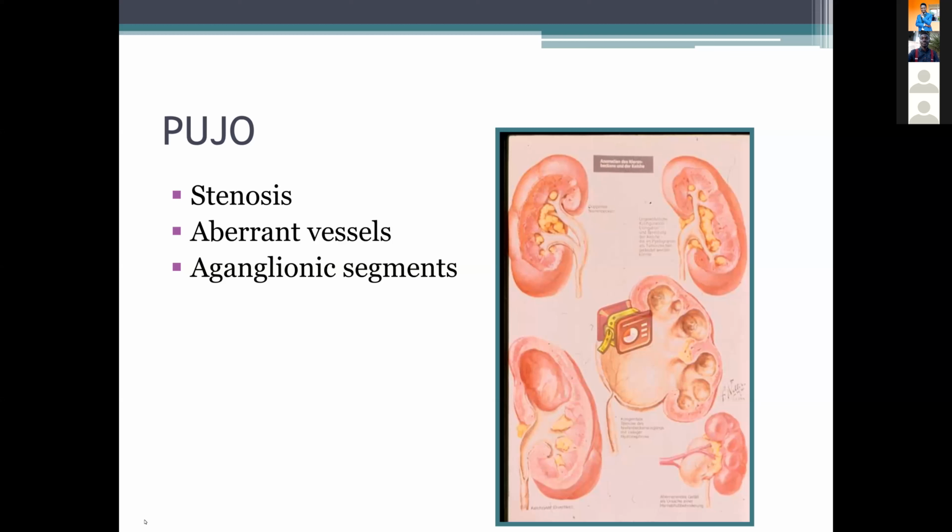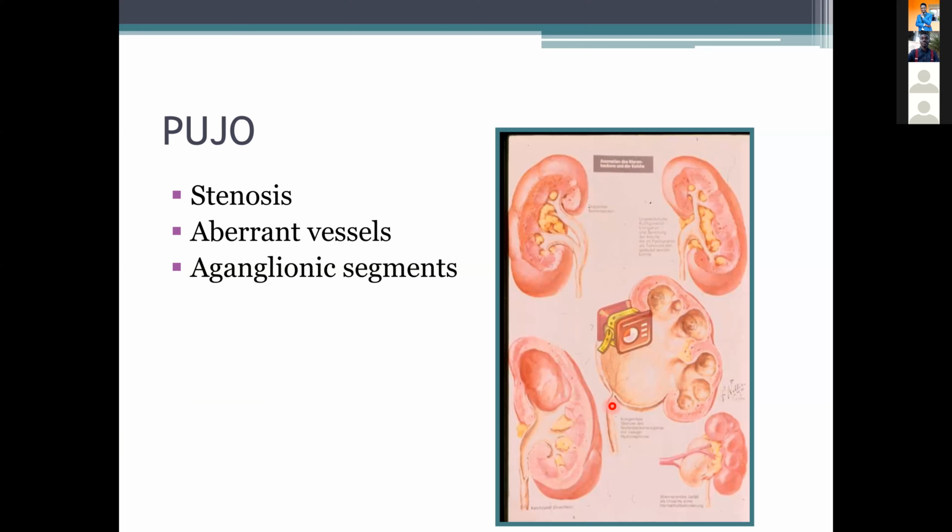And this diagram, let me just put the pointer. So this diagram just shows you this is where the obstruction is. You can see the whole kidney. These are the calyces. This is the pelvis, and the obstruction is here.